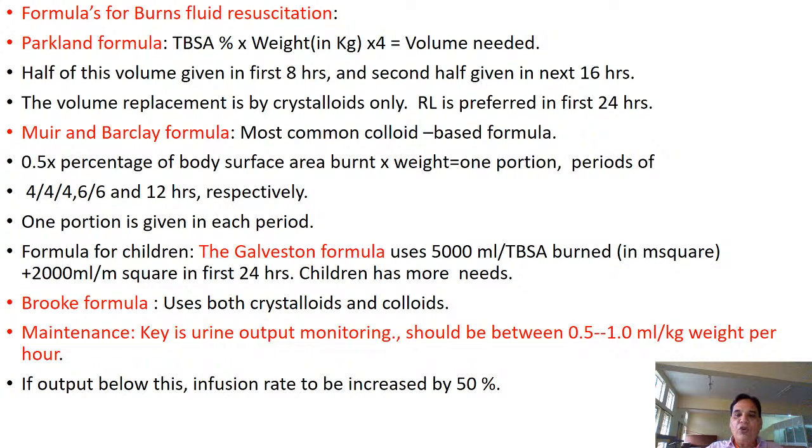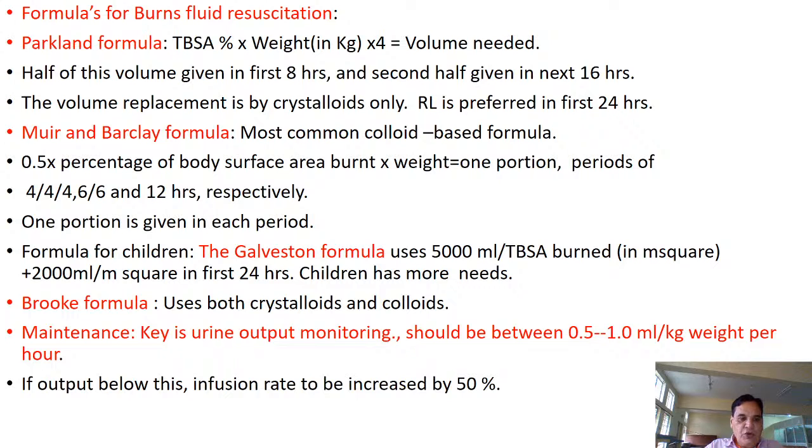This is the amount of volume needed in 24 hours. Half is given in the first 8 hours and the other half within the next 16 hours. Here the mainstay is crystalloids only, and the preferred crystalloid is Ringer lactate in the first 24 hours according to the Parkland formula.